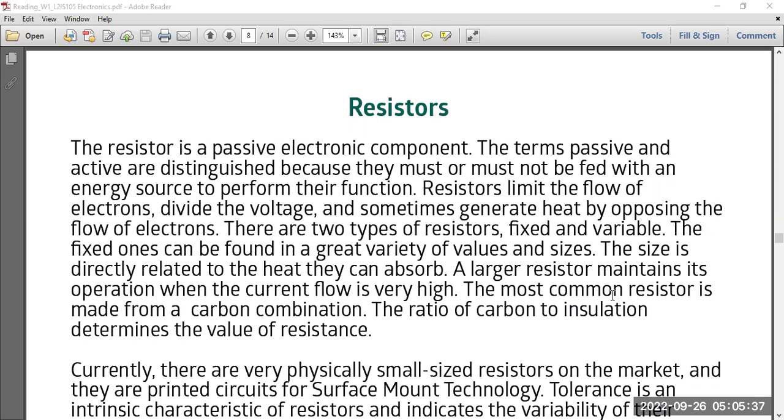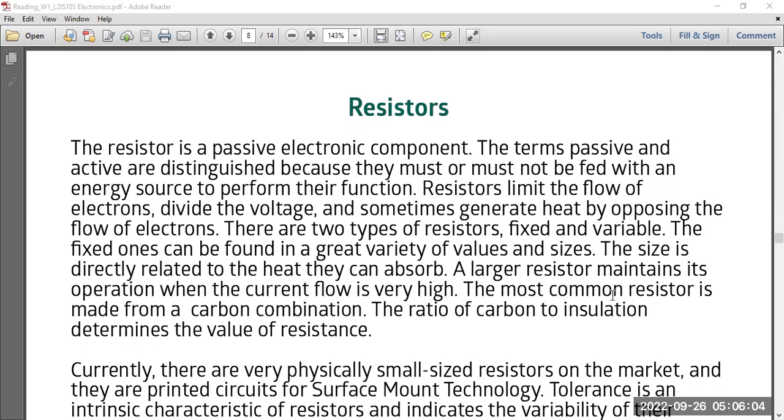The fixed ones can be found in a great variety of values and sizes, and the size is directly related to the heat which they can absorb. A larger resistor maintains its operation when the current flow is very high. The most common resistor is made from a carbon combination. The ratio of carbon to insulation determines the value of the resistance.